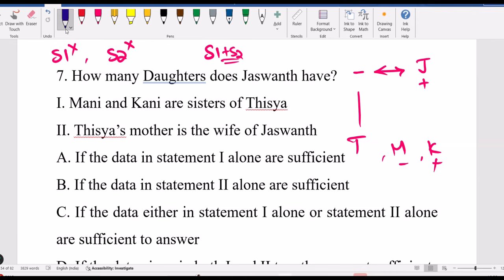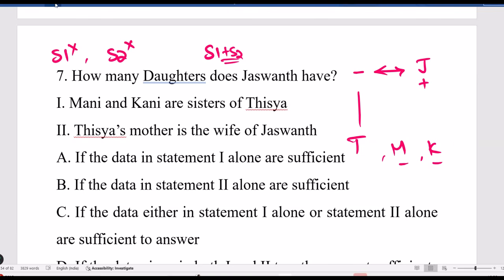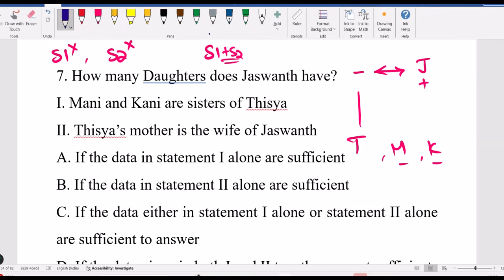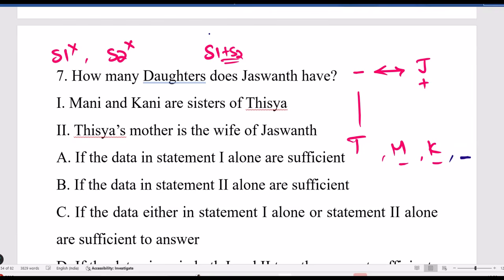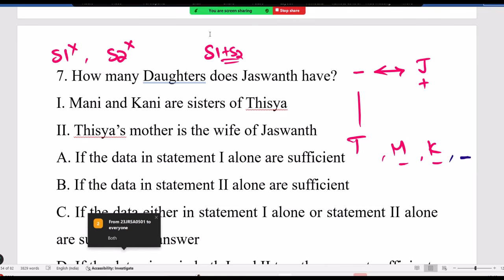If you take Tisya as female, and they didn't mention Mani and Kani are the only sisters of Tisya, even if Tisya is female, if you consider Mani and Kani the only sisters, we don't know. Maybe one more child, maybe they are female. Only sisters not mentioned.